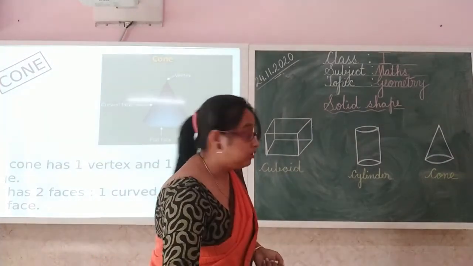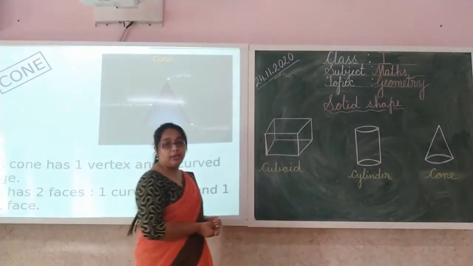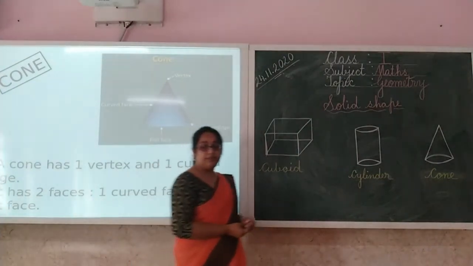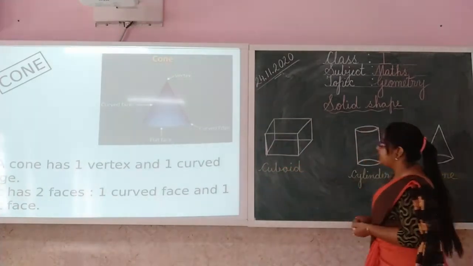See, in a cuboid we know we have 12 edges. So let's find out the 12 edges.